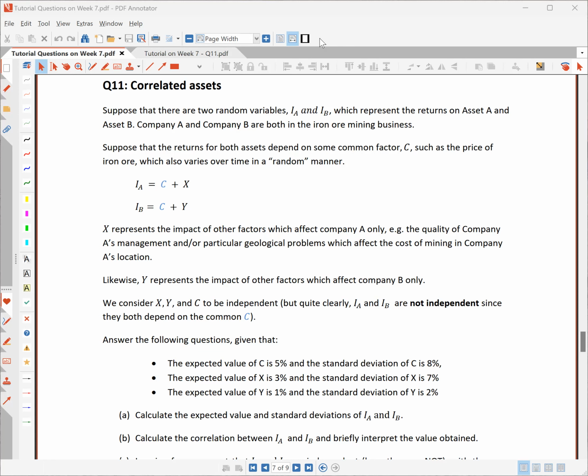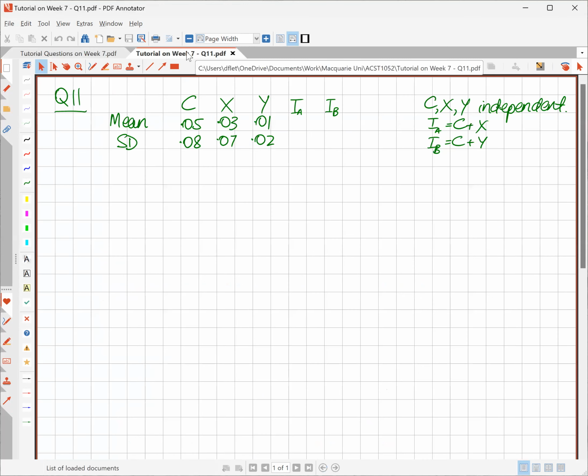So the first question in part A is that we are asked to calculate the expected value and standard deviations of IA and IB, the returns on assets A and B. So here's my working page, and I've summarized the main data here. So just to look at part A.